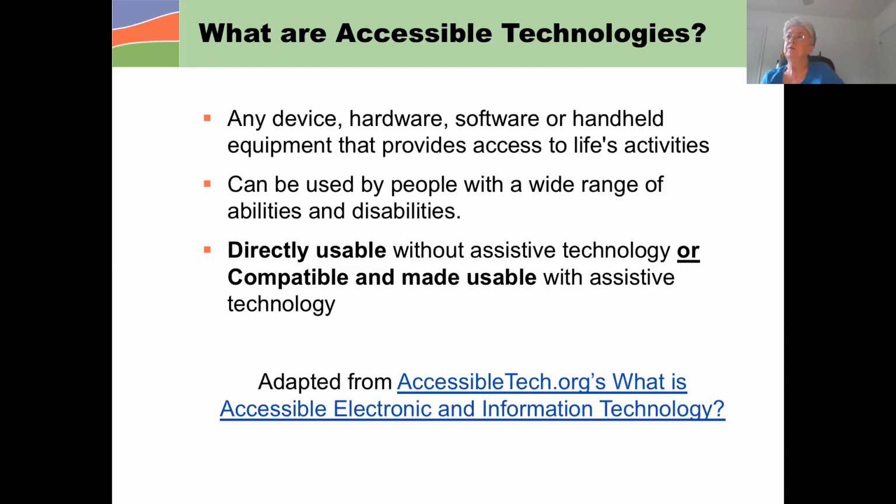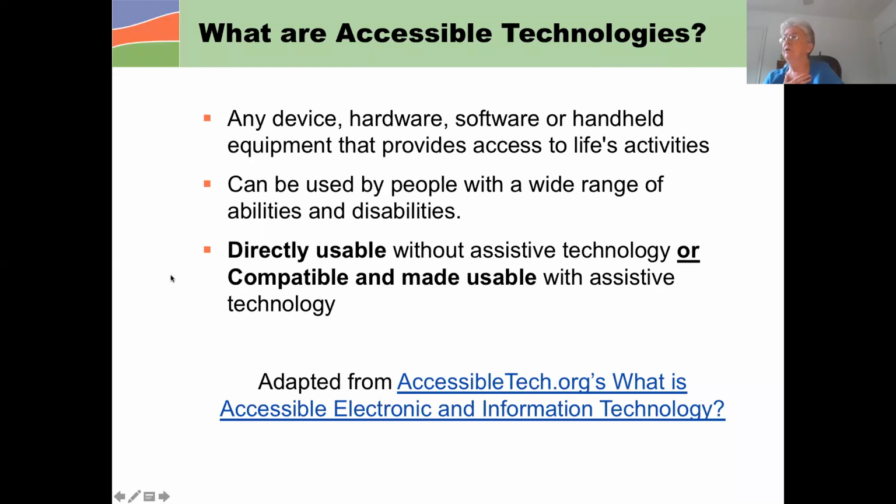Let's look at the definition of accessible technologies. That can be any device, hardware, software, or handheld equipment that provides access to life's activities. It's a much broader definition. It can be used by people with a wide range of abilities and disabilities. One key criterion to remember is that it can be either directly usable without assistive technology, or compatible and made usable with assistive technology.